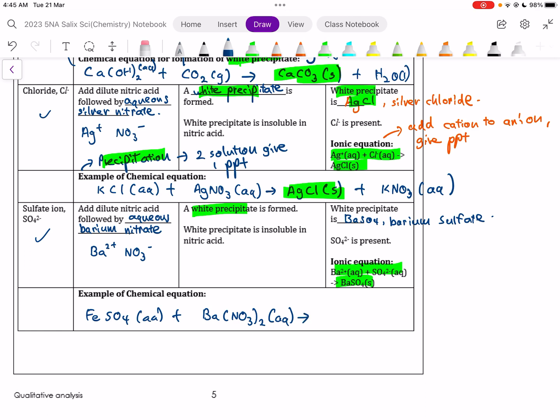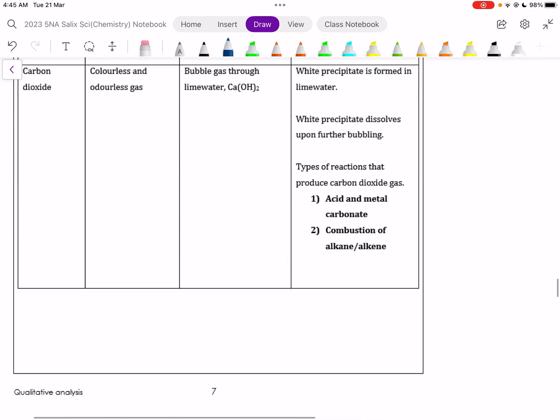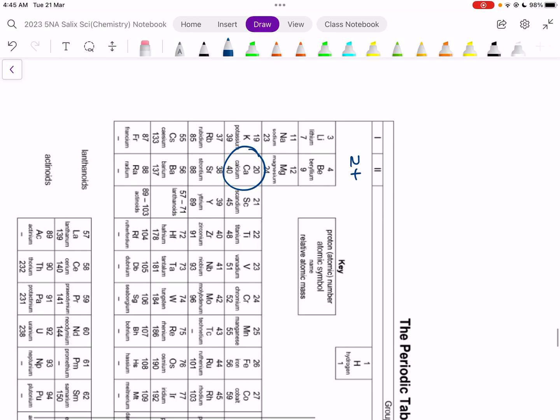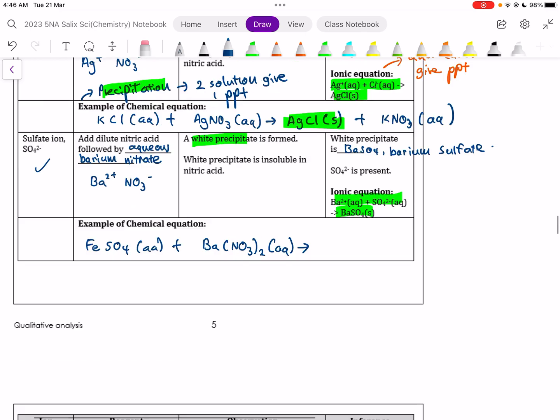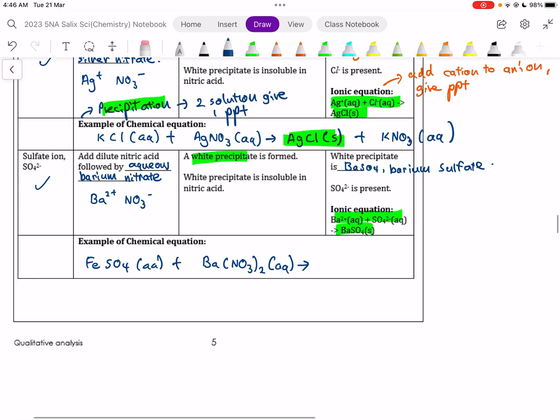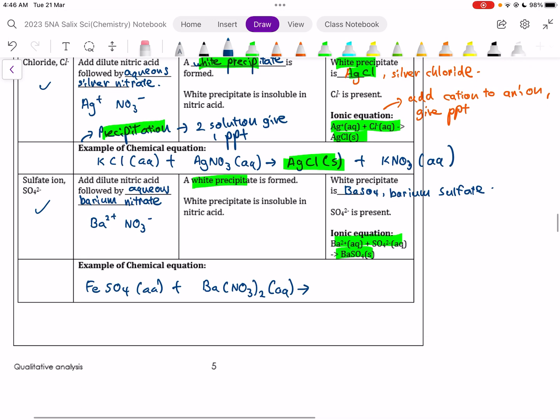Barium is in group 2, in case you are wondering how come it's 2 plus. Barium is down here, also 2 plus. So basically just exchange the partners for the ions, swap around when you do precipitation. So now you have barium sulfate, that's the white precipitate, plus iron(II) nitrate.